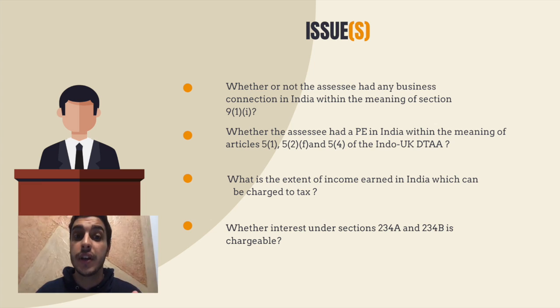Then, whether the company had a permanent establishment in India within the meaning of Articles 5.1, 5.2, and 5.4 under the Double Taxation Treaty. Then, what is the extent of income earned in India which can be charged to tax? And finally, whether the interests under Section 234A and 234B are chargeable to tax.